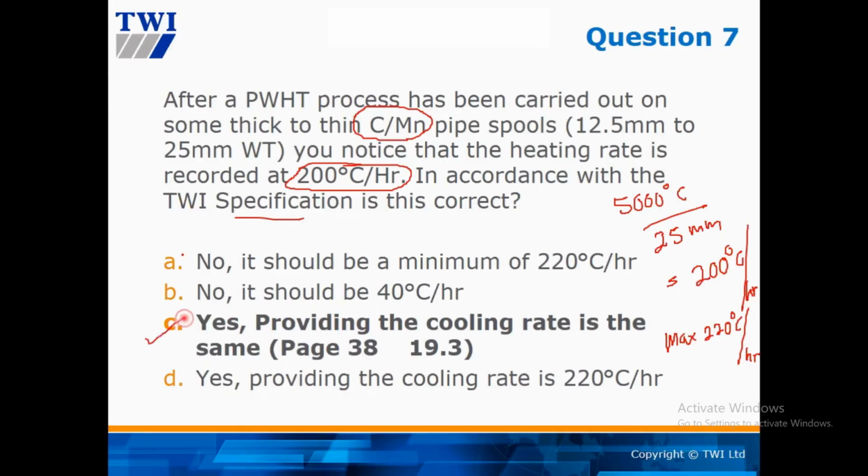A is wrong because it said minimum, where it must be maximum. No, it should be 40 degrees C per hour. That's the wrong statement. D, yes, providing cooling rate is 220° C per hour. If you got 200° C, then cooling rate also the same, because it's based on the thickness. Yeah?